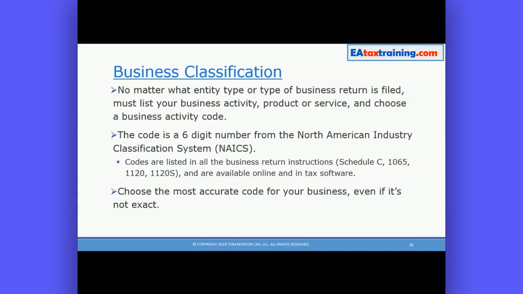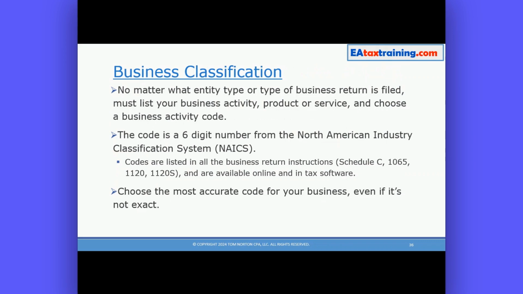Business classification. No matter what entity type you have, whether you're a sole proprietorship, partnership, corporation, whatever, you have to identify and report your business classification. This tells the IRS what type of business you are in. So it's a business activity code.